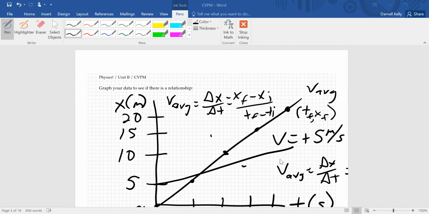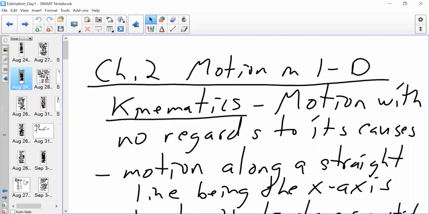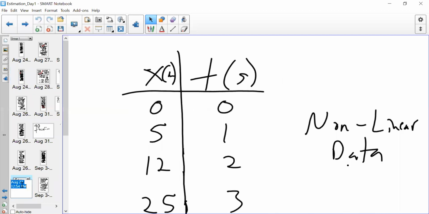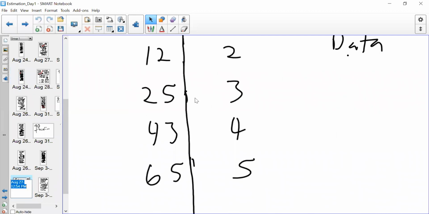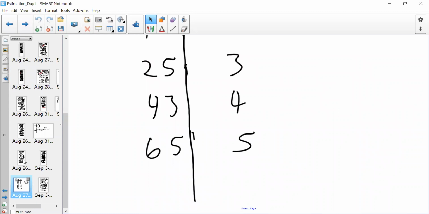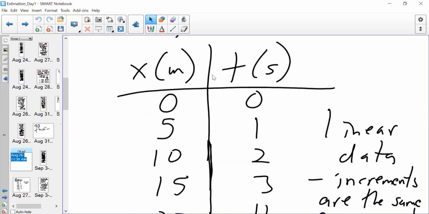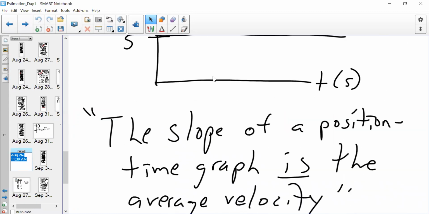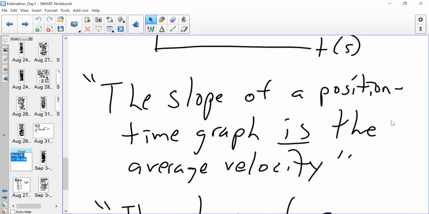Let me see if I can pull that up real quick. Yeah, so I did a detour and stated this as a general rule for understanding what velocity is.